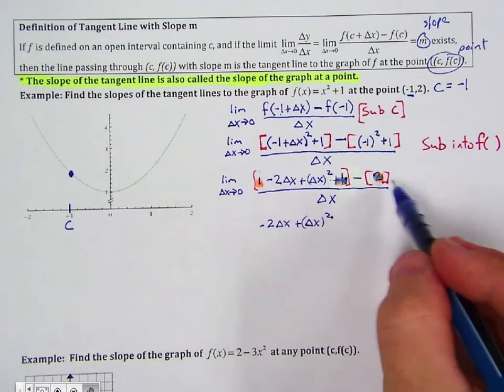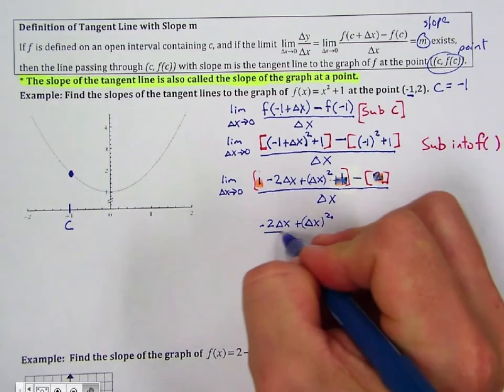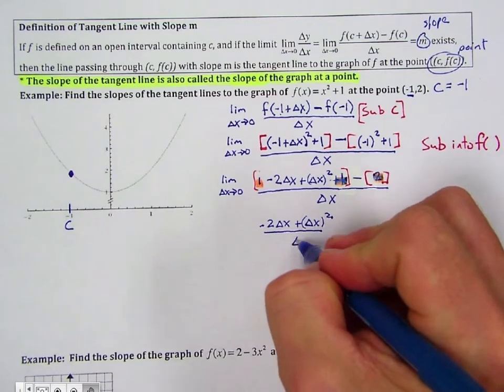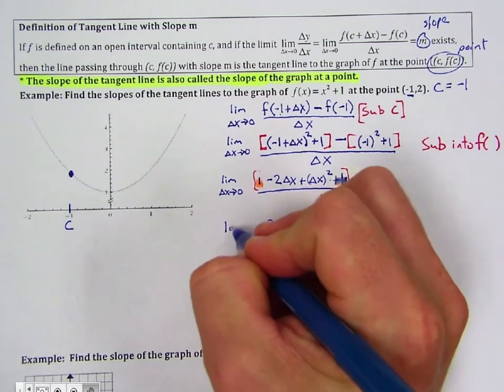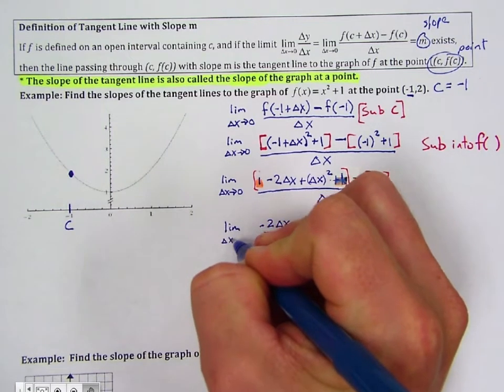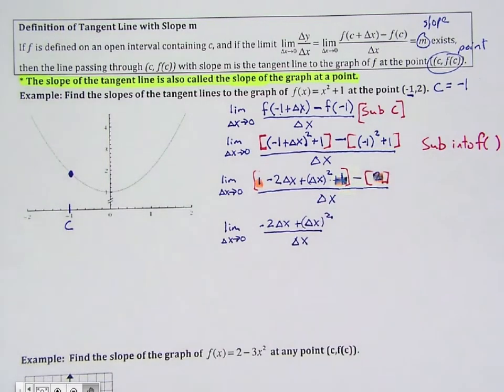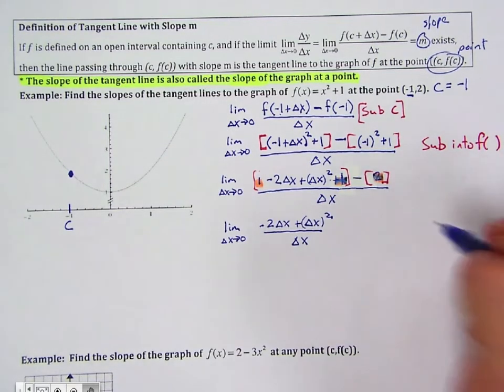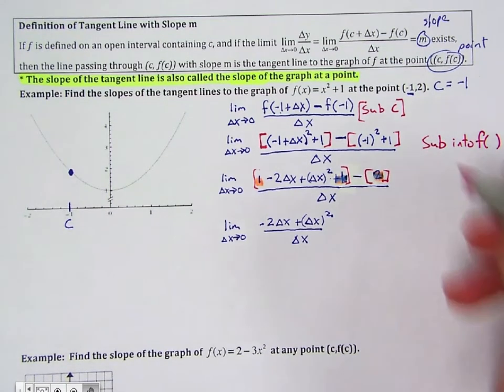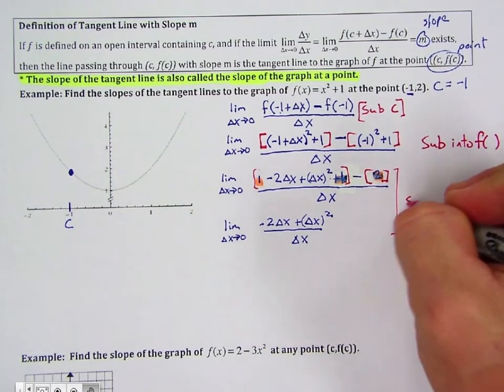And all of the constants dropped out. And we still have divided by delta x. And we still have the limit. Okay, so at this point, what we did here was simplify.